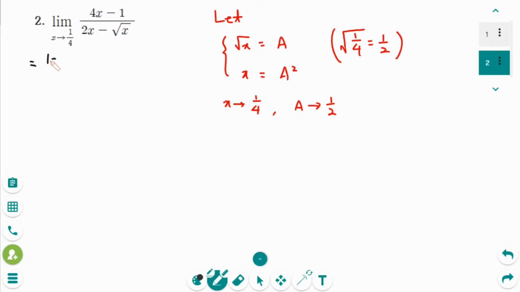We can rewrite the limit as a approaches 1 over 2, 4a squared minus 1 over 2a squared minus a.